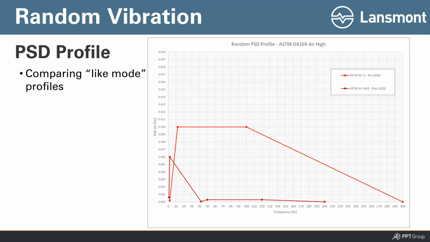A lot more mid to higher frequency energy in the old profile is not part of the newer profile. And it wasn't arbitrary just to lower the intensity or the severity of the test. It was to follow what we all believe is the right thing to do based on data taken from air transport measurements, not just jet aircraft, but even turboprop. So that's a way of visualizing those differences.